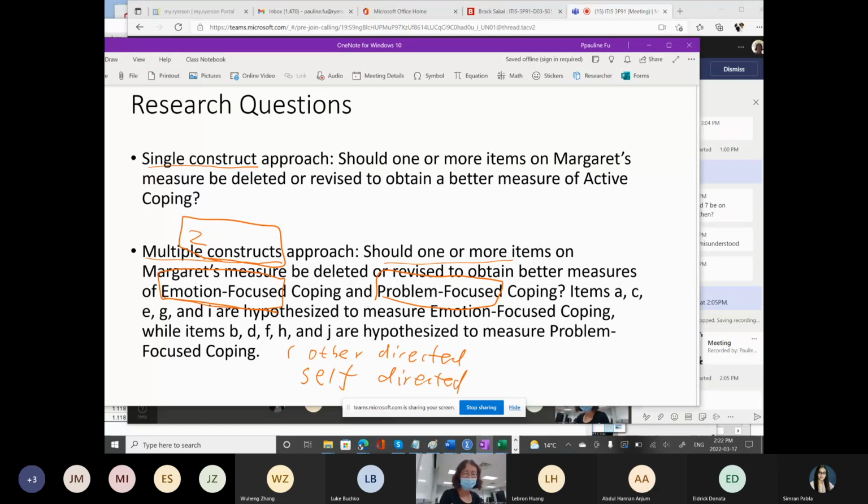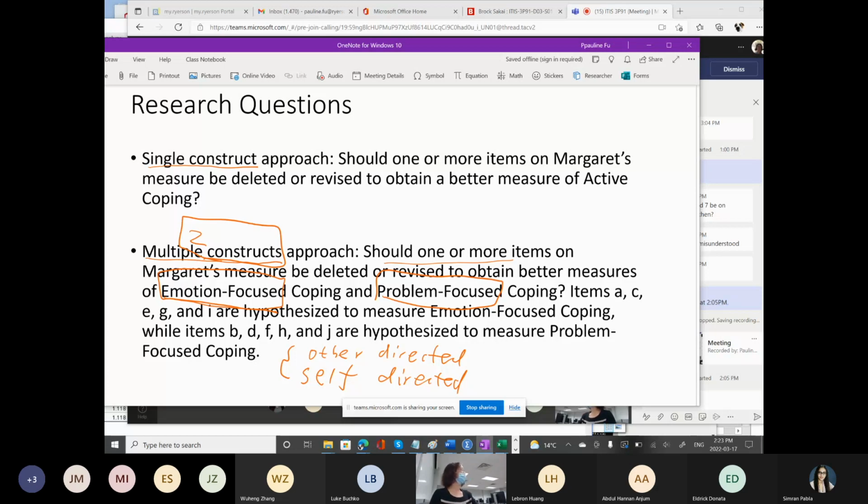Okay, those are two constructs. We need to go over those two constructs. As a matter of fact, our result will reject emotion-focused and problem-focused. We'll get into detail. And then we go to other-directed and self-directed.